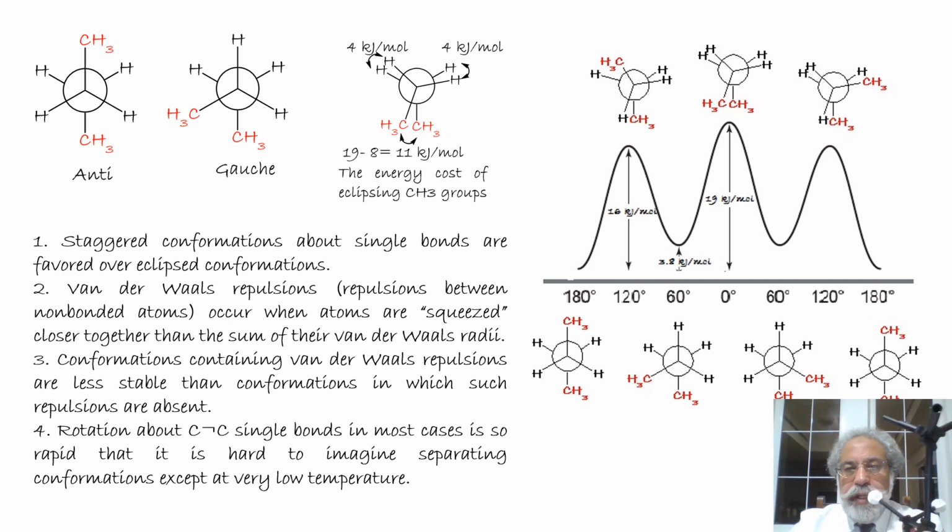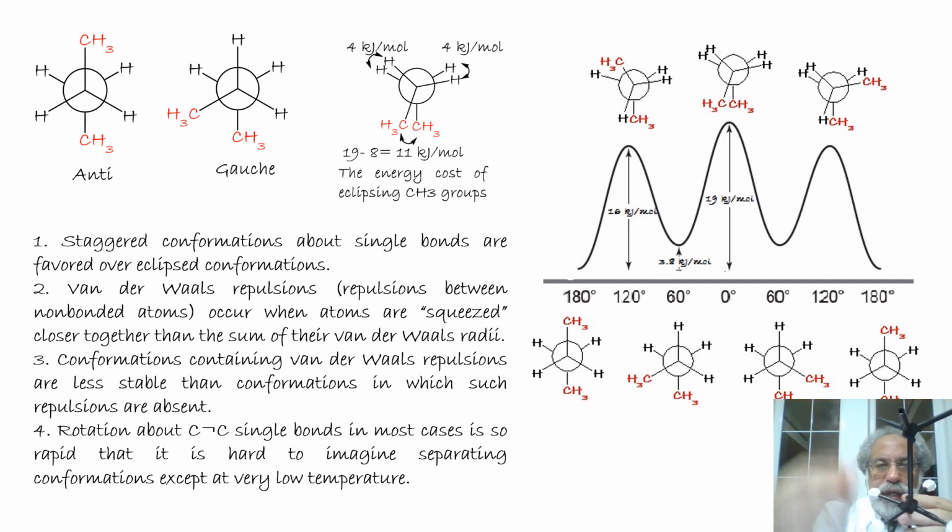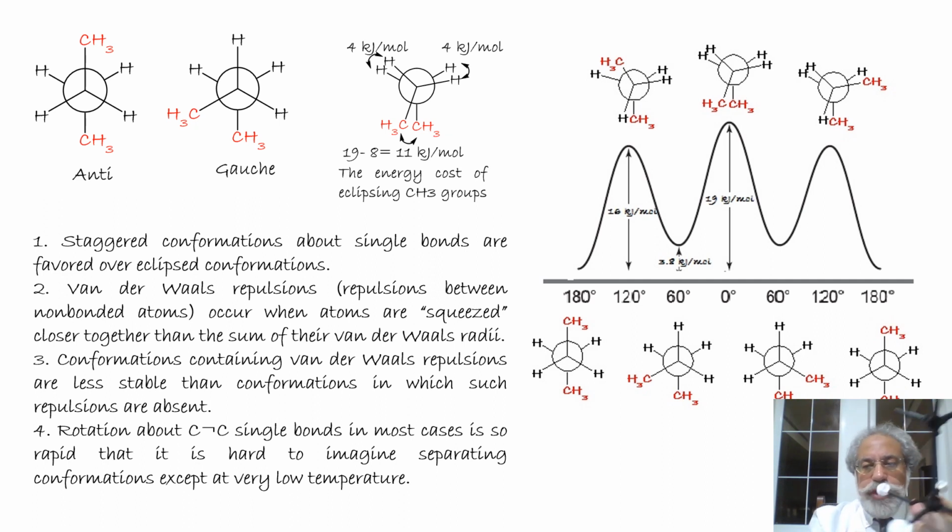For butane, 4 carbons, okay, if we look for the carbon 2 and 3 and draw Newman projection, we will find out the front carbon carrying CH3 and 2 hydrogens, and in the back again CH3 and 2 hydrogens.